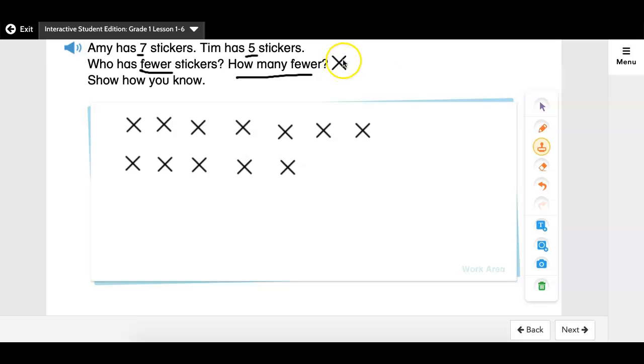So we knew in our problem when we started that Amy had 7 and Tim had 5. We could just look at the numbers to answer this question, but sometimes it's easier to get a picture or a visual of our problem. Amy has 7 stickers. Tim has 5 stickers.